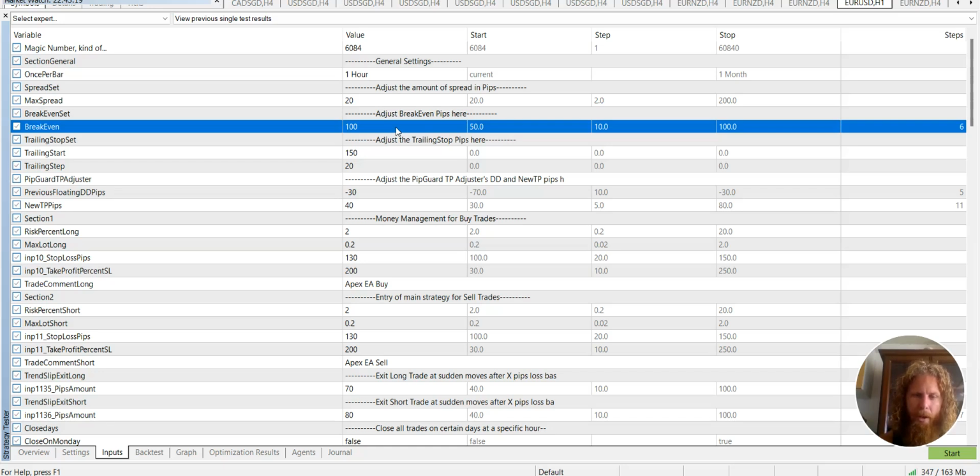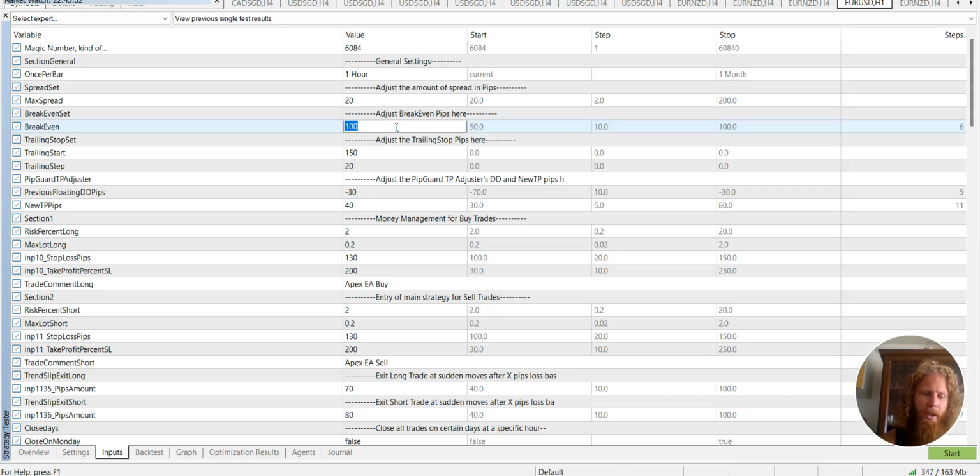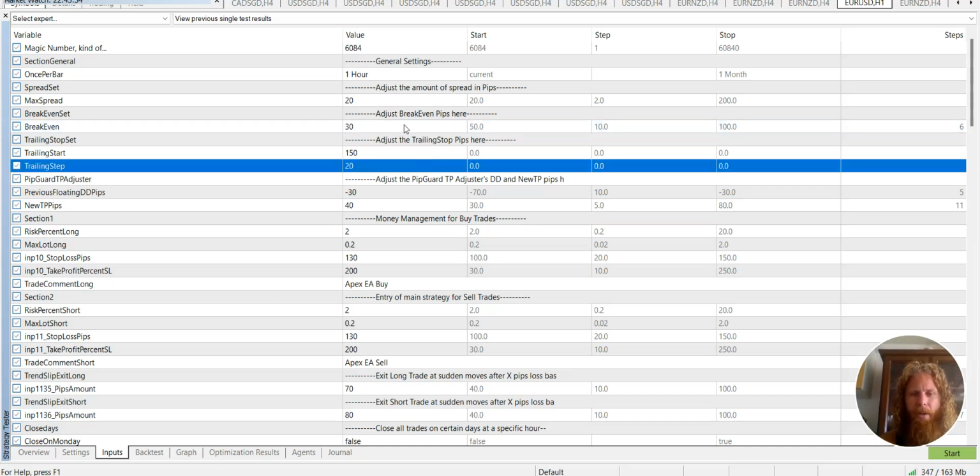So for example, you were in 100 pip profit, but the trade didn't hit the TP or any of the dynamic exits, which is highly unlikely, but still it can happen, especially if you are using something like 30, for example, for the break even.